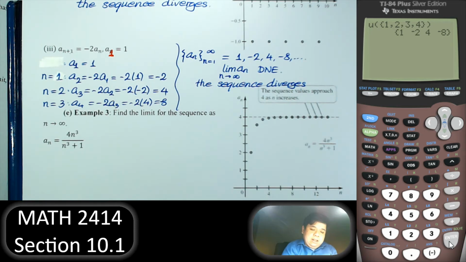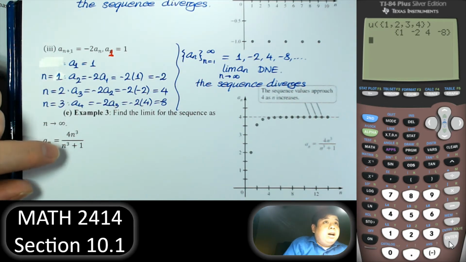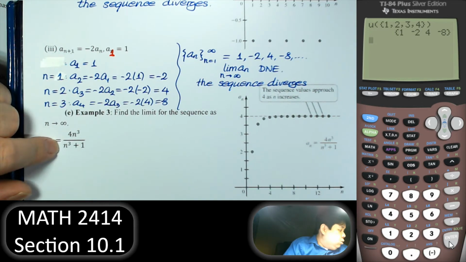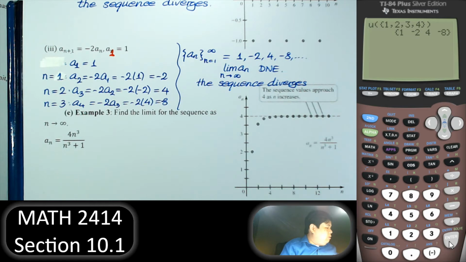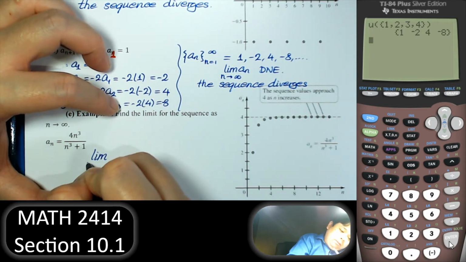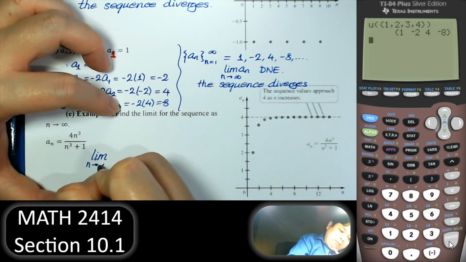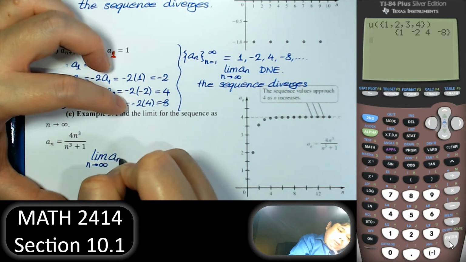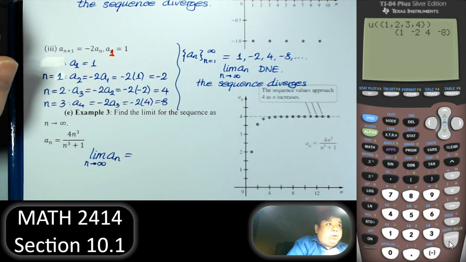Next, find the limit of this sequence. Now that should be fairly simple. All we do is just find the limit of the function as n goes to infinity.